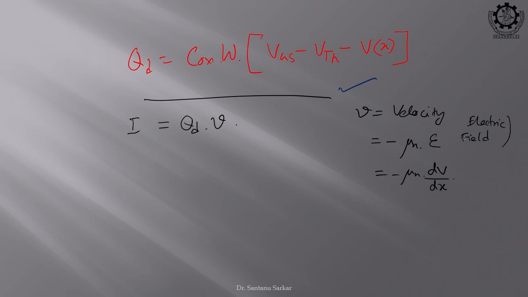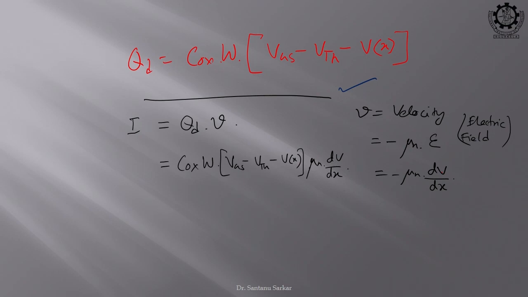Okay. So, if for this moment we neglect the minus sign, it will be Cox W (VGS minus VTH minus Vx) into mu n dV/dx, right.